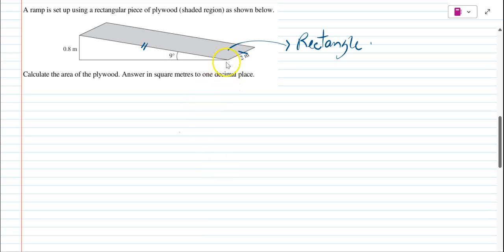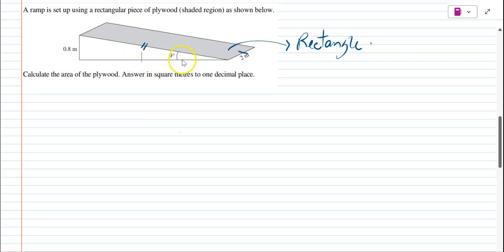But we can see that there is a triangle being created because it's a ramp, right? It's kind of 3D, even though you can see it in 2D. So to find the length of this ramp, we have this triangle, the base, that is helping us solve for that.